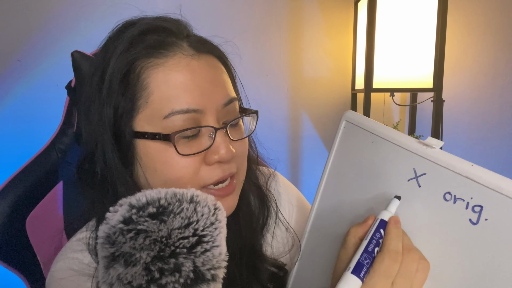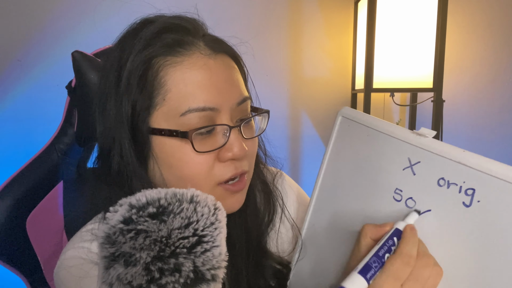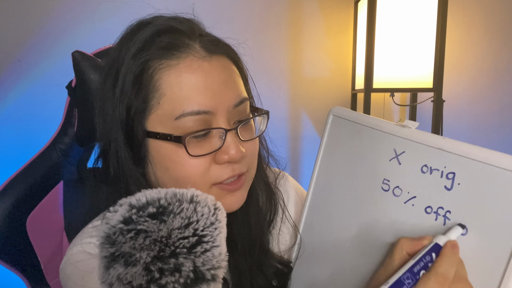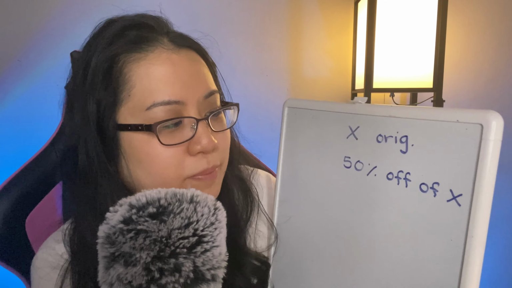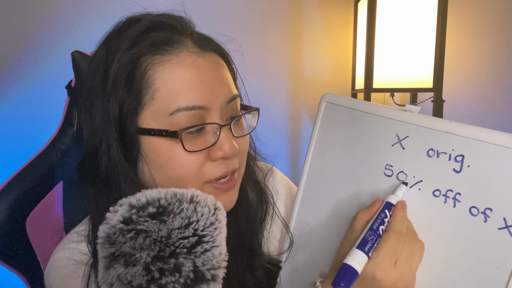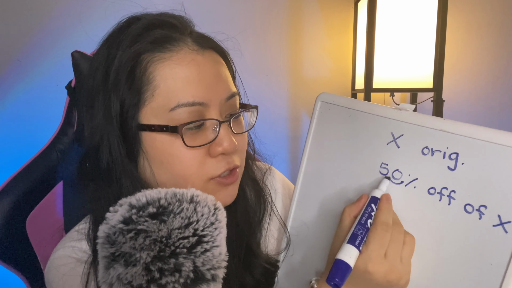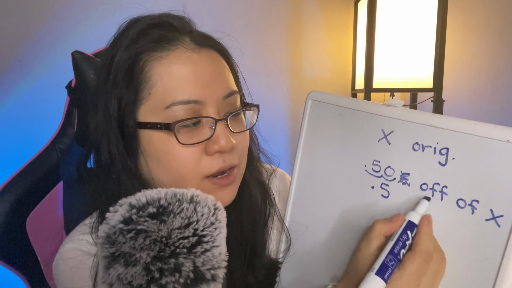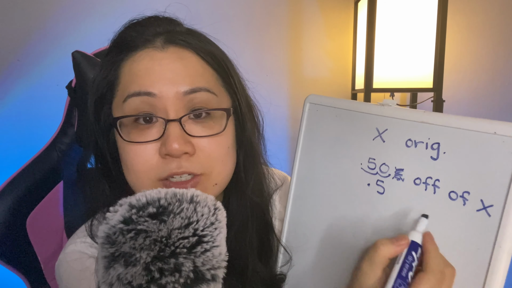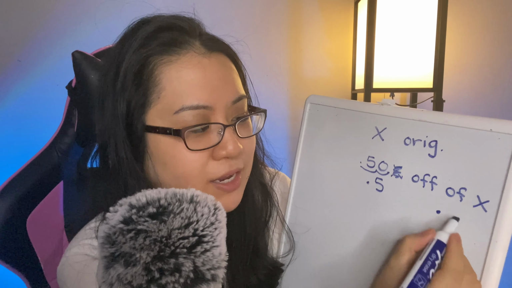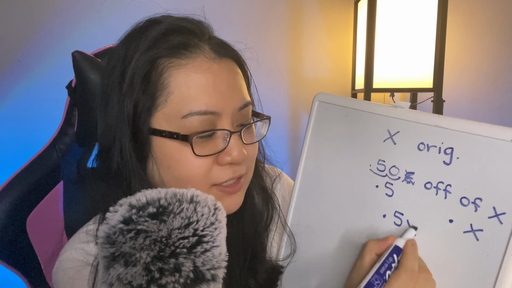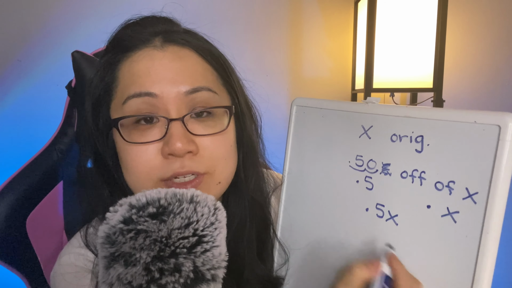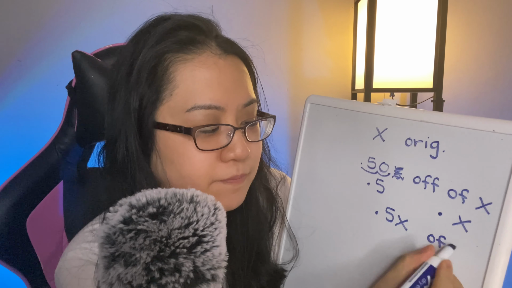So that would mean that what you can do is, let's see, 50% off of X. Lots of different ways here, but for one, we said that you can convert this into a decimal. So that would be plopping a decimal at the end of that, moving it over two, and then getting rid of this percent sign. So that would be 0.5 off of X. So "of X" means to multiply it by X. So 0.5X is the flat dollar amount of what you get off.